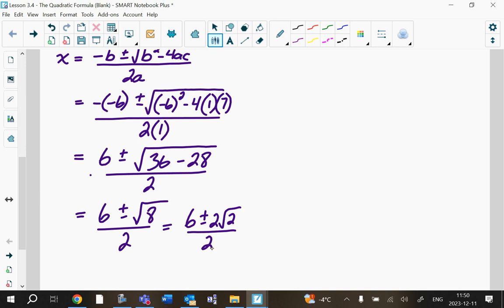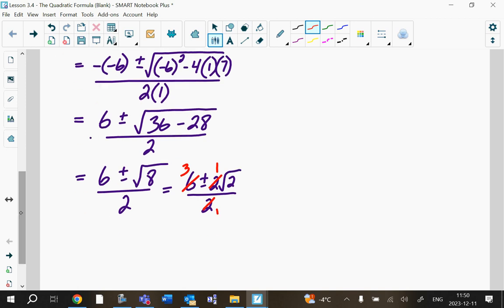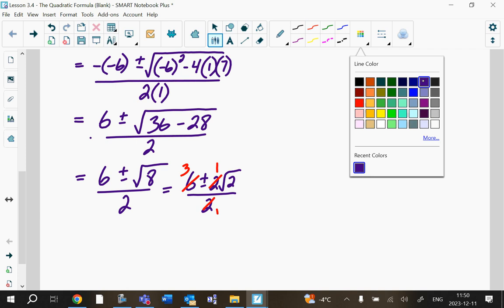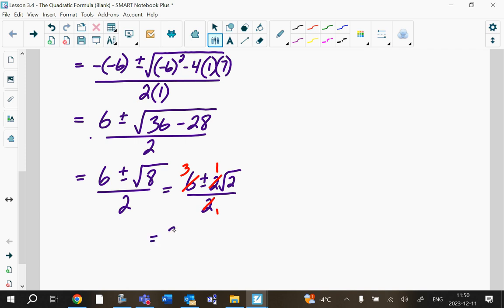Look at all the non-square root numbers. Can I reduce them all? Yeah, I could divide them all by 2. This gives me 3. This gives me 1. This gives me 1. So my answer is 3 plus or minus 1 root 2, or just root 2, divided by 1 I don't have to write.